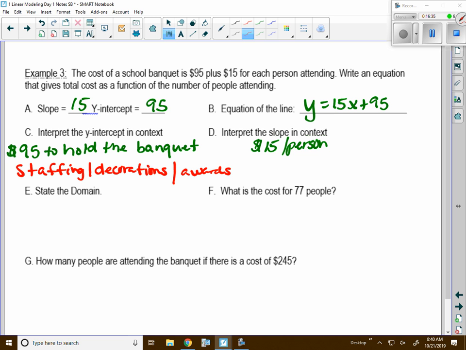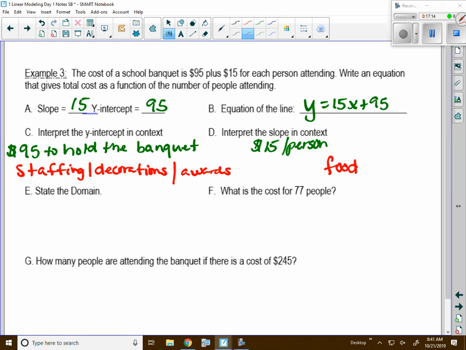Okay, so the food, I think, goes more for slope, because if somebody charged $15 for each person, what else would that $15 go to except for food? Does anybody have any ideas? Probably food, right? If you think about a meal costing about $15, it's probably about accurate for a banquet meal. Okay, so we'll go ahead and say the slope would be for food. The 95 would be to pay staff, for decorations, for awards.